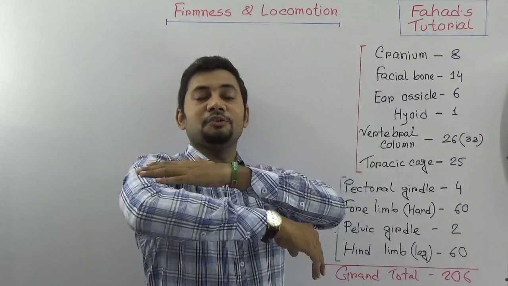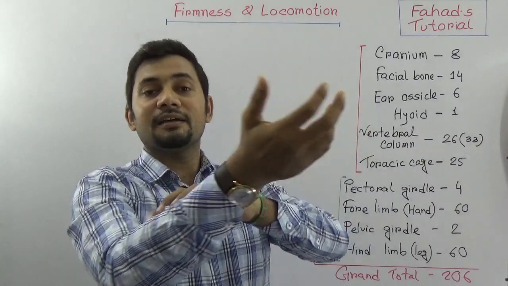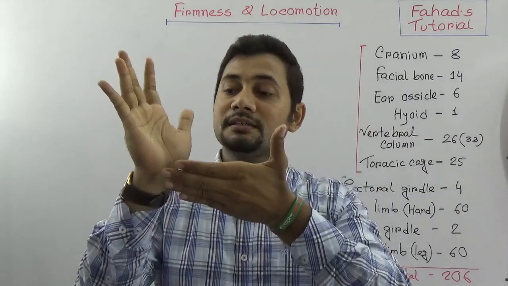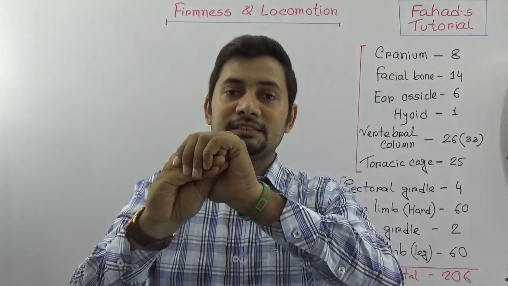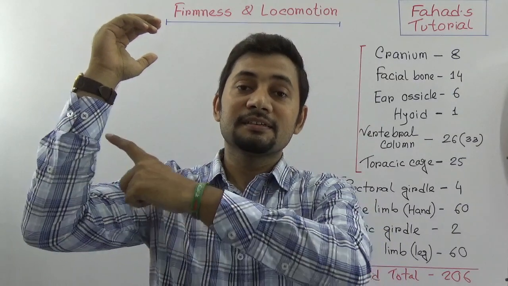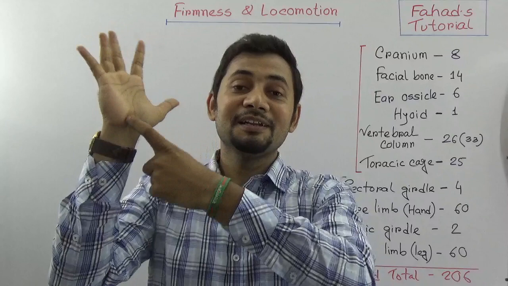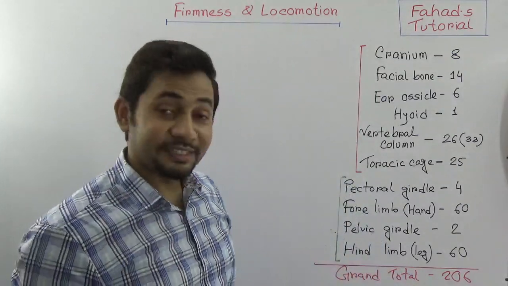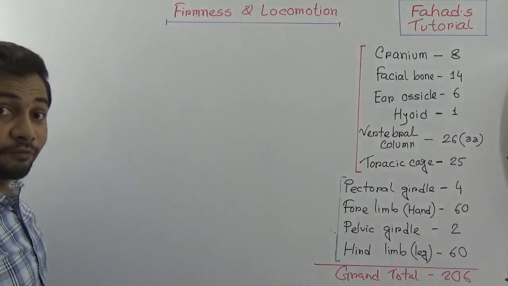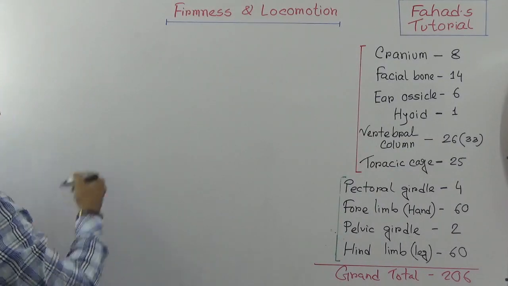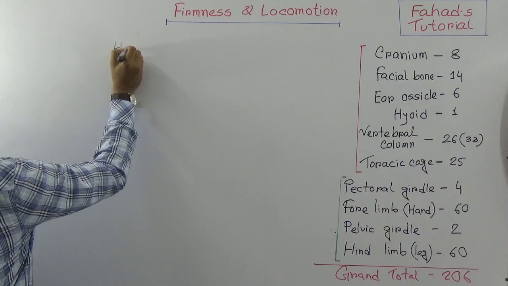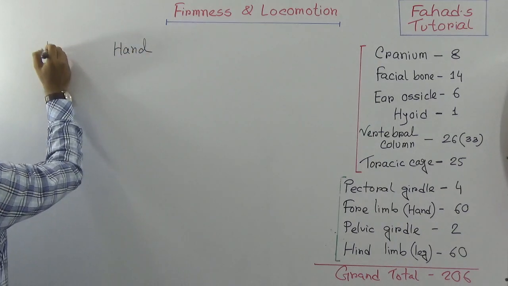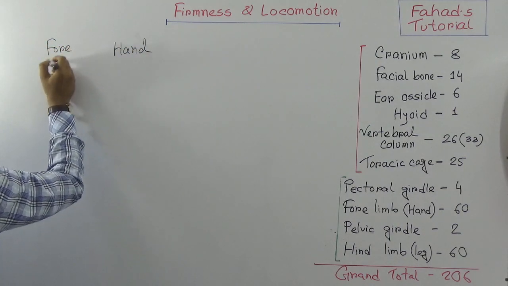So we have humerus, radius, ulna, carpal, metacarpal, phalanges. Okay, humerus, radius, ulna, carpal, 8 bones, metacarpals and phalanges. Now you think simply, there are 4 limbs. So we have 4 limbs, that is hand. We say it 4 limbs.